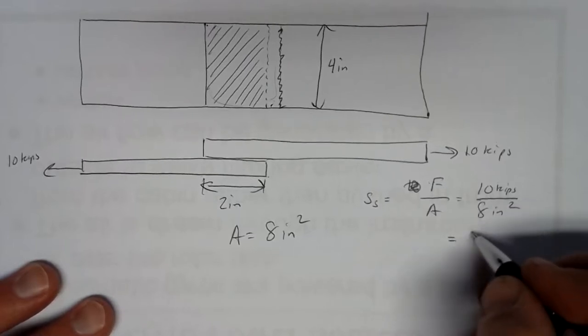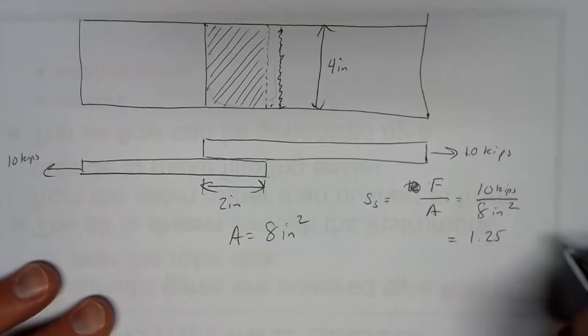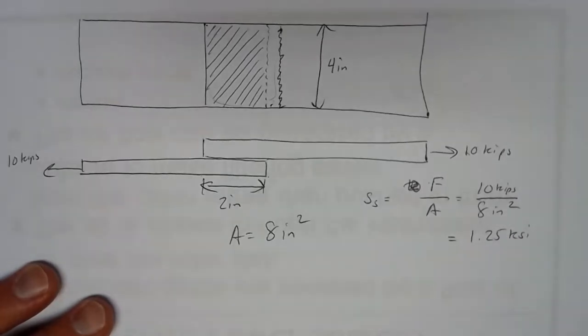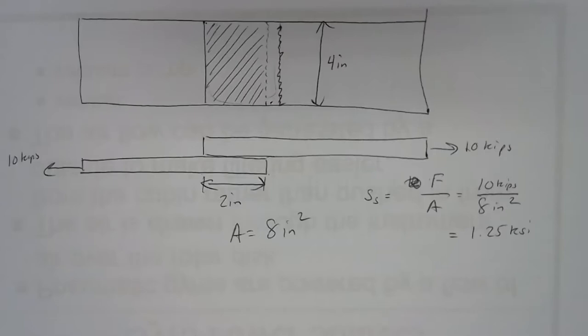And that'll give us 1.25 kips per square inch, or KSI. Now that 1.25 KSI, that would be something we'd have to check with the glue manufacturer and see if that's a shear stress that glue can handle.